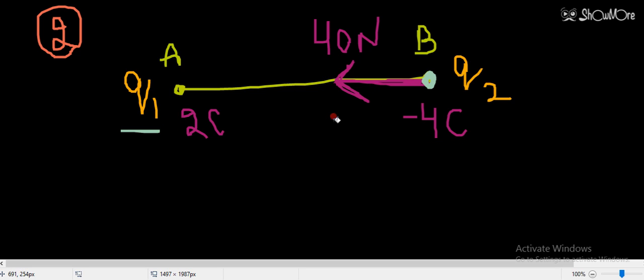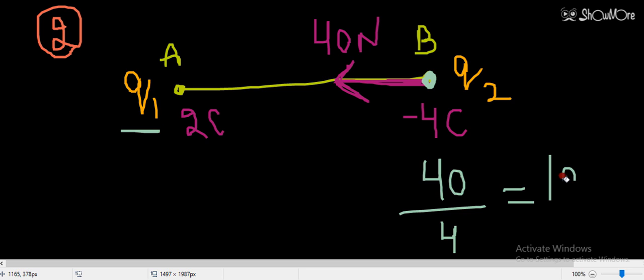So the electric field due to Q1 at B will be equal to 40, that is force per unit test charge. The test charge is 4. So the electric field due to Q1 at point B is equal to 10 Newton per coulomb. This is the magnitude of the electric field due to charge Q1.